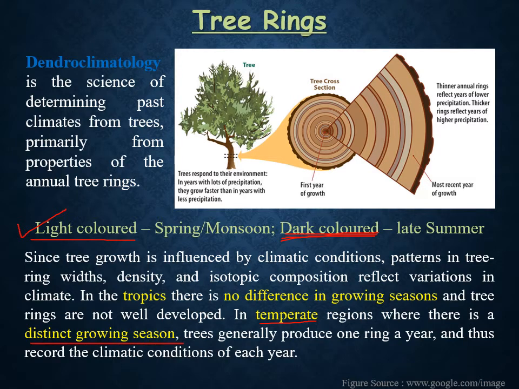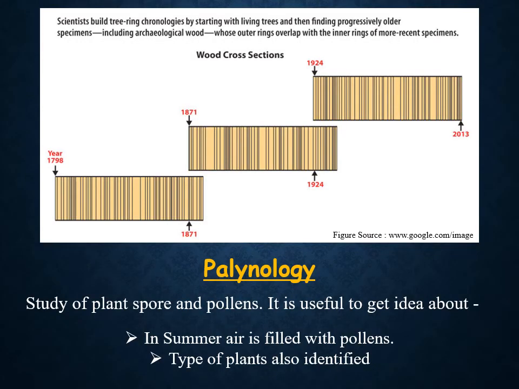estimated. Now, scientists build tree ring chronologies by starting with living trees. Say for example, this tree will give this amount of growth rings, and starting from 2013 we will get growth rings up to 1924.